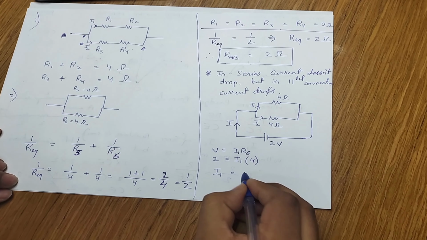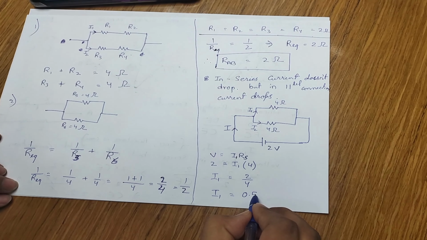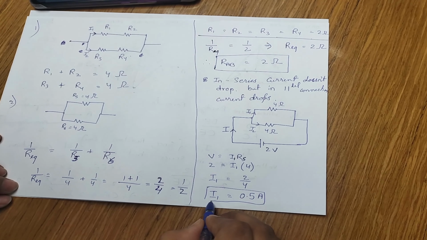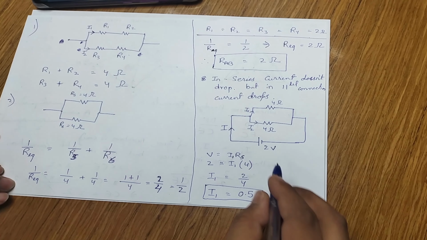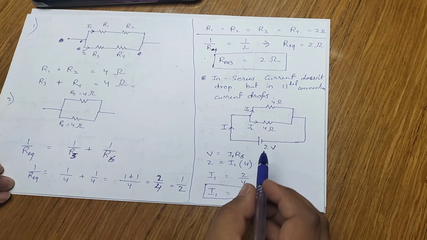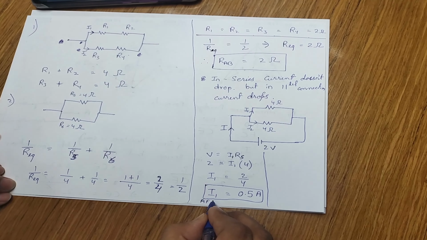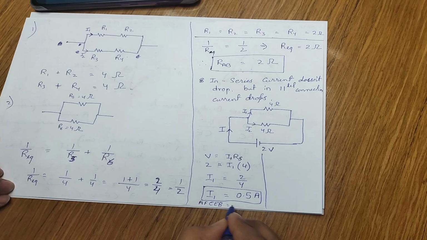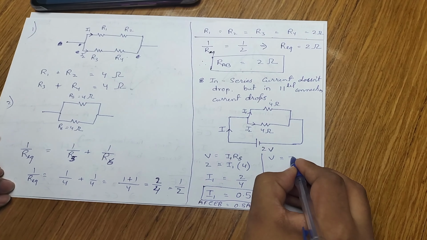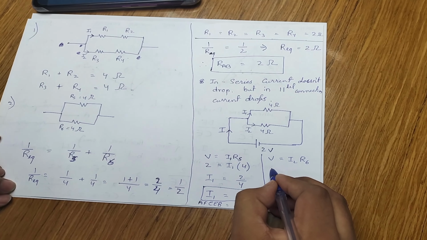So I1 equals 2 by 4, so the I1 value is 0.5 ampere, the unit of current being ampere. So the current between A, F, C, E, B is 0.5 ampere. Similarly, for the second branch, 2 volts, since the voltage is constant.